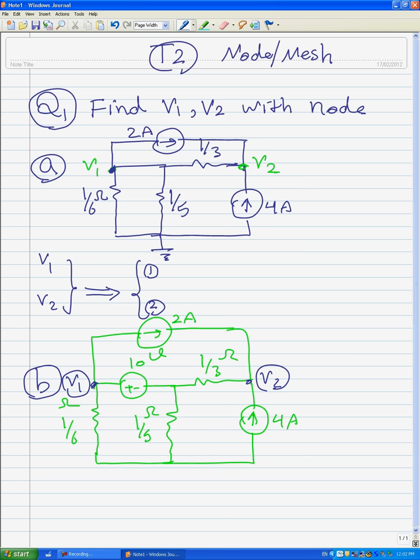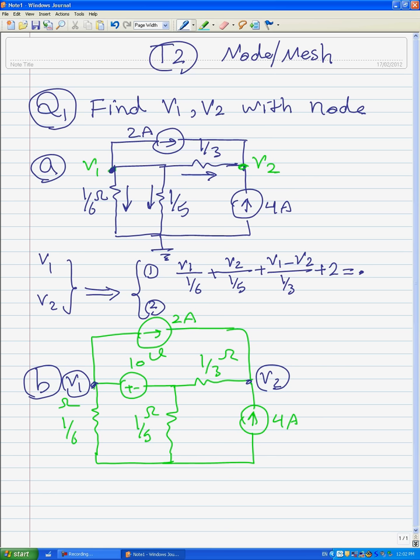In node 1, we have this current, and this current, and also we have 2 amps. That's why the equation for node 1 is like this: V1 divided by 1 over 6 plus V2 divided by 1 over 5 plus V1 minus V2 divided by 1 over 3 plus 2 amps is equal to 0.